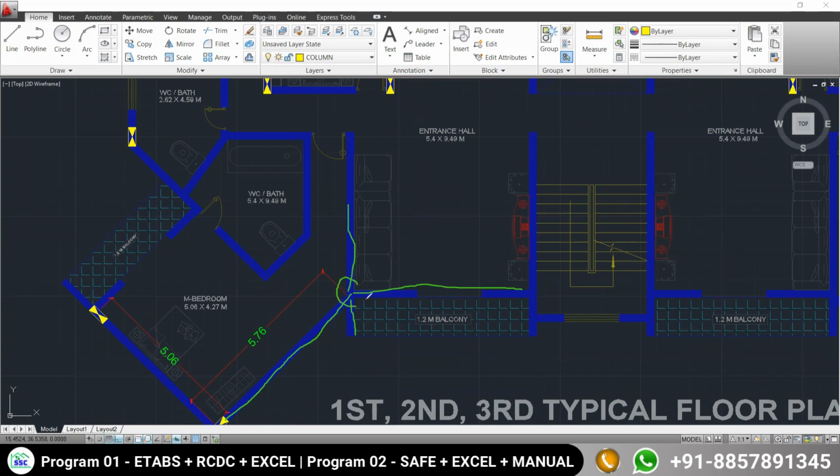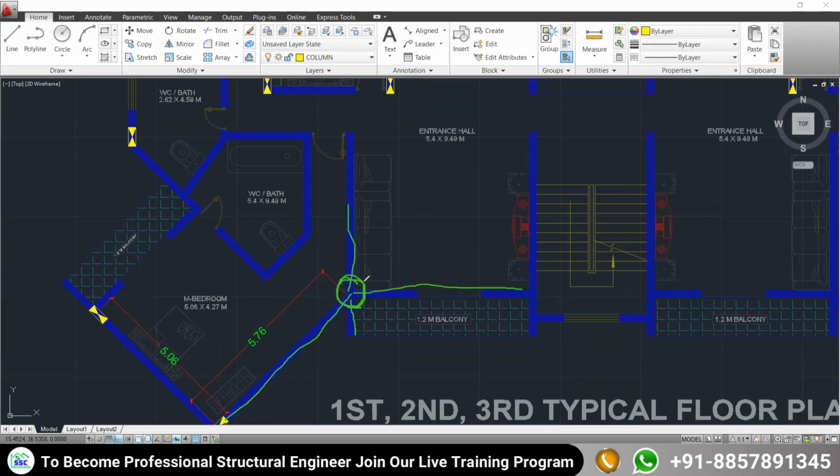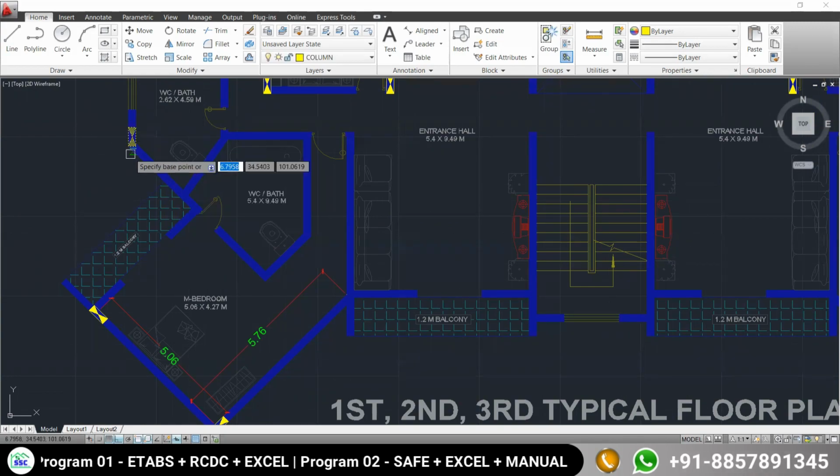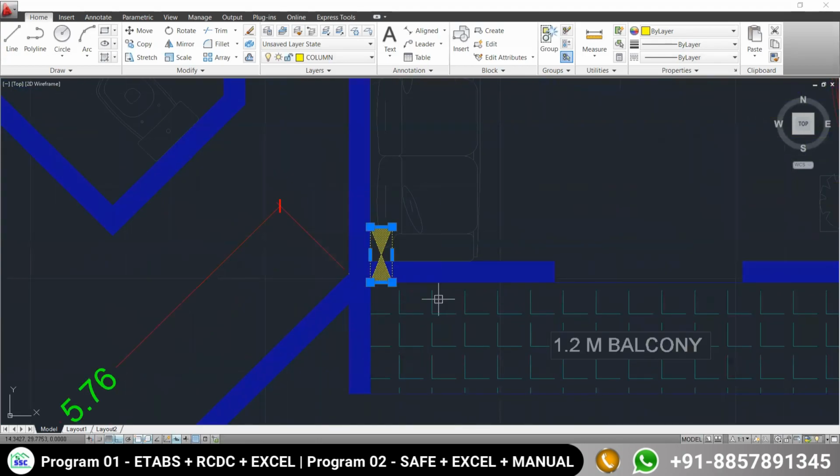It is the intersection of four beams. So is it needed to provide the column here or not? Yes, sir, we have to provide. So take this from here to here. Move this from here to here.